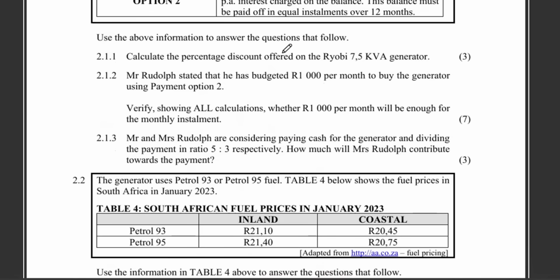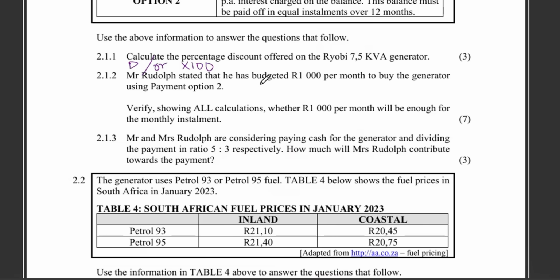Can you get the percentage discount offered on the generator? The generator has a power of 7.5 kVA. Percentage discount means you're going to get the discount divided by the original amount times 100.